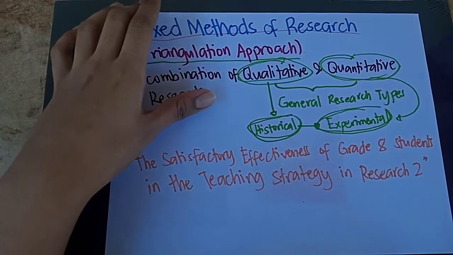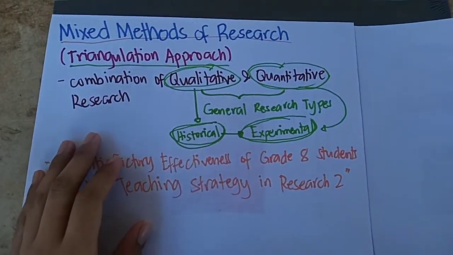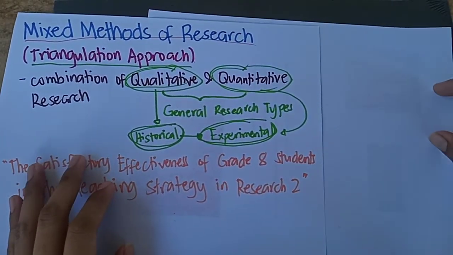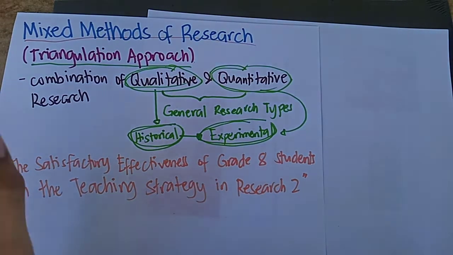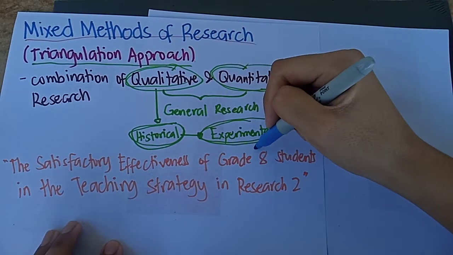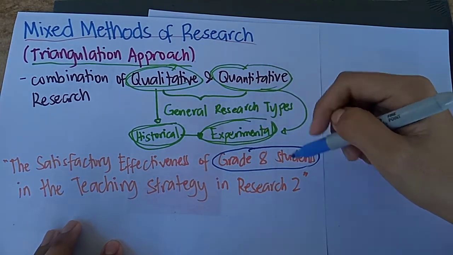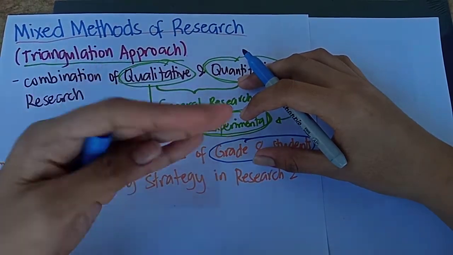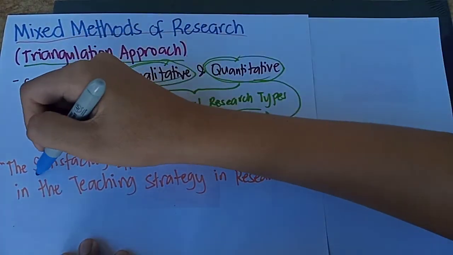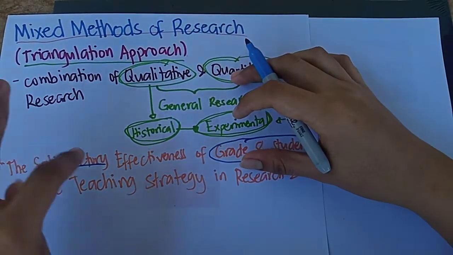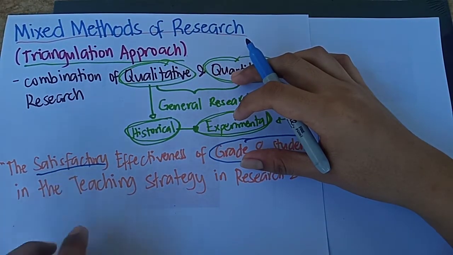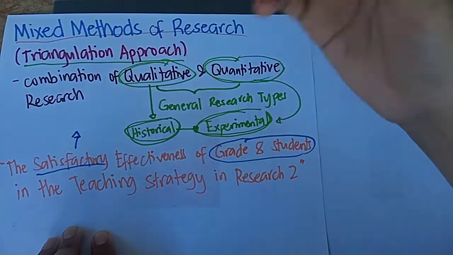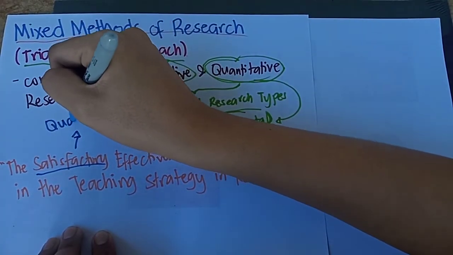Now, okay, so let us add this one. The respondents in this type of study will be the grade 8 students. And the grade 8 students in this study were asked to rank their satisfactory level. Now, this satisfactory level is a component of qualitative research.